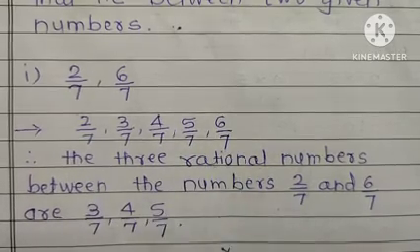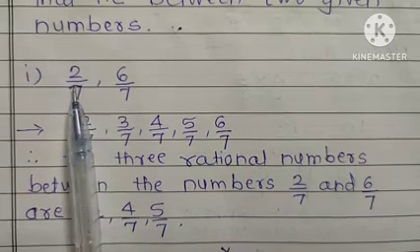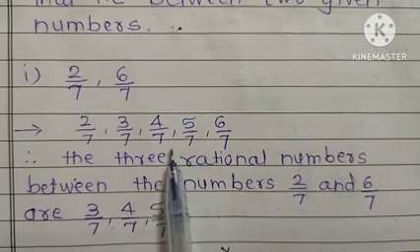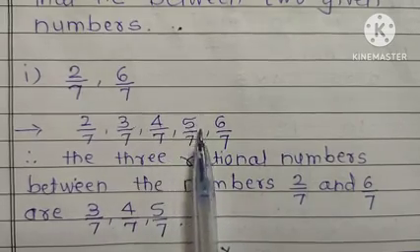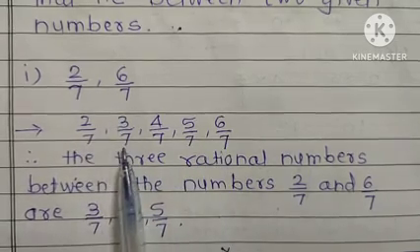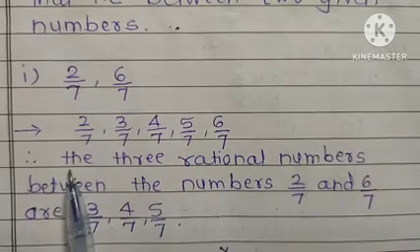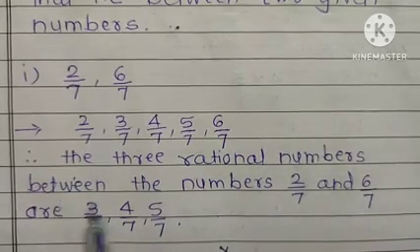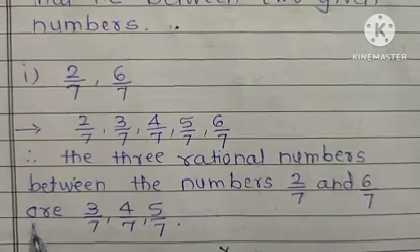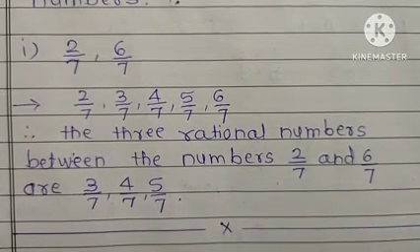Every time denominator 7. This 2 by 7 is given. This 6 by 7 is given. So we have written three rational numbers between them: 3 by 7, 4 by 7, 5 by 7. So the right answer, the three rational numbers between the numbers 2 by 7 and 6 by 7 are 3 by 7, 4 by 7 and 5 by 7. Okay.